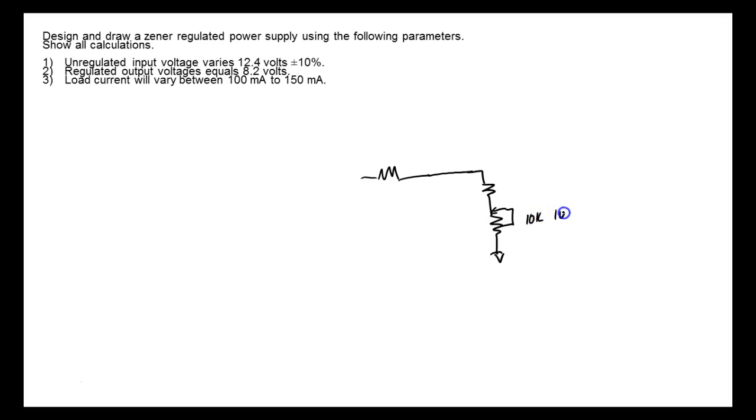And ours are 1 watt. And this is going to be 100 ohms. This is going to be RF. Our Zener, it's a positive supply, so it's going to be placed like this. And for the unregulated input, we're going to use a variable DC power supply. So we're going to simulate an unregulated supply. Now we can set our minimum voltage and our maximum voltage, right? That makes sense. So this will be the basic circuit that you're going to hook up.